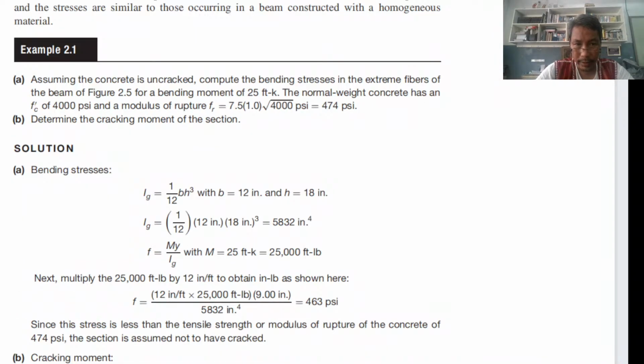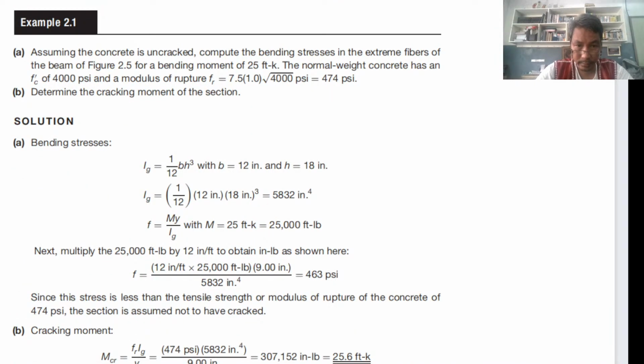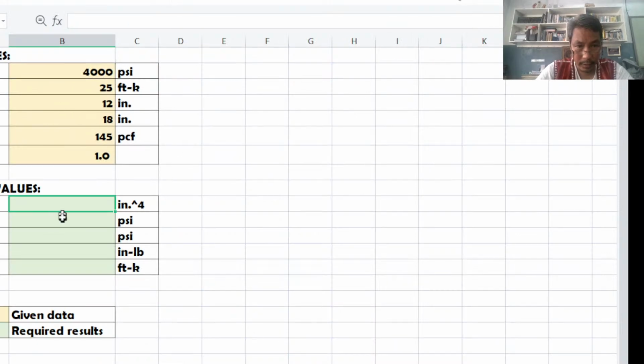So how did we arrive at the answers? Ig. So use this formula, let us just choose that formula, bh cubed over 12. So let us go back to our Excel. Put an equal sign, then b times what?